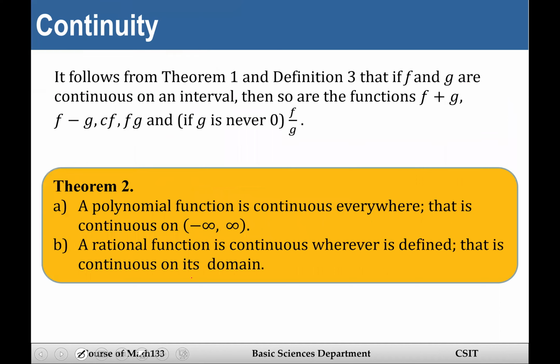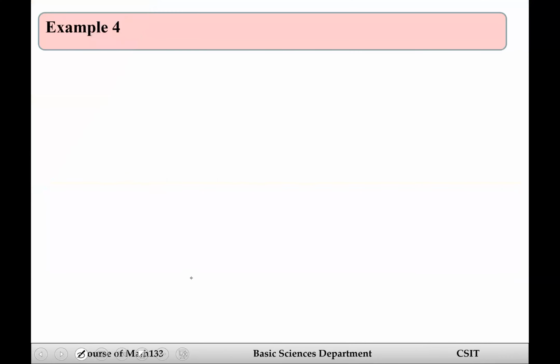So by definition 3 and theorem 1, we have, of course, some special cases which are given here for the polynomial and for the rational function. So polynomials are continuous everywhere, and the rational functions are continuous on their domain of definition because we have division. So we need to remove the zeros from the denominator.